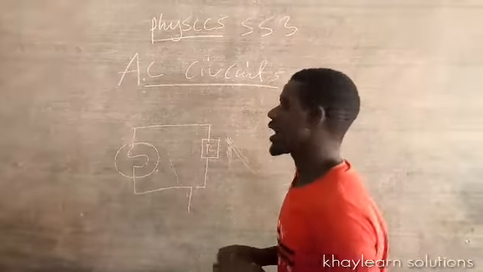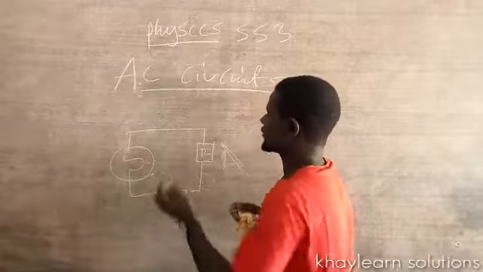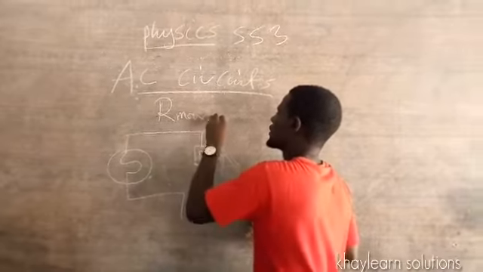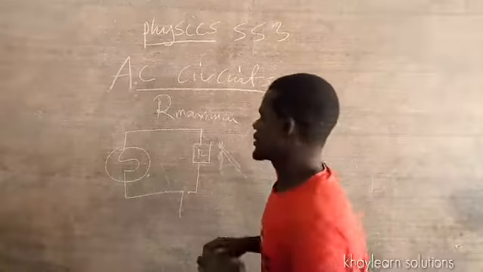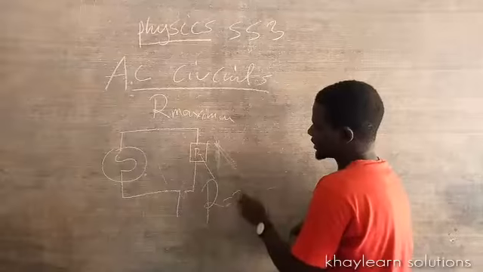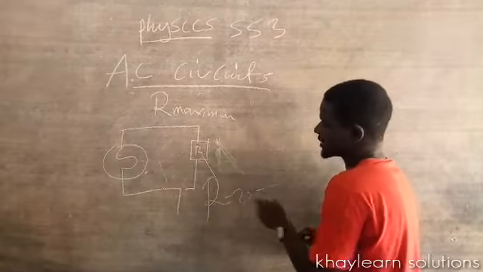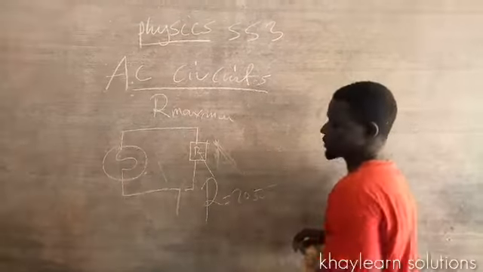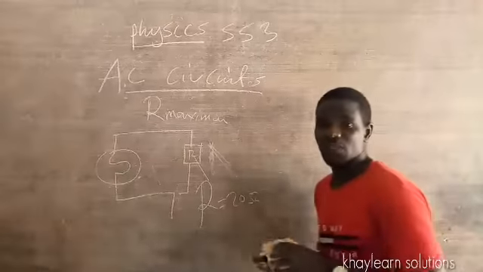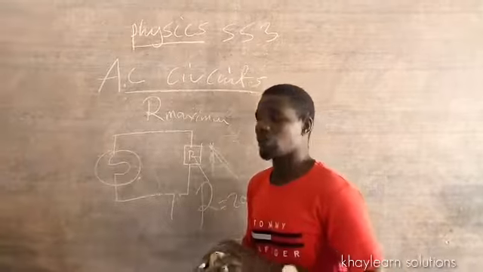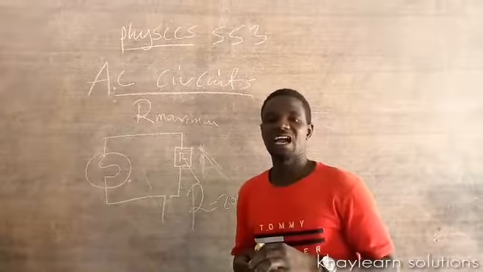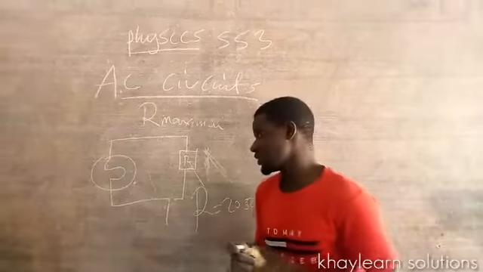In this case, we can have the total impedance to be R maximum, meaning the value of this R given to us. When you connect a resistor of 20 ohms, the impedance in this circuit will just be 20 ohms also. Why? Because the impedance is just the opposition to the flow of electric current. So a resistor can give a maximum stoppage to the flow of the electric current.